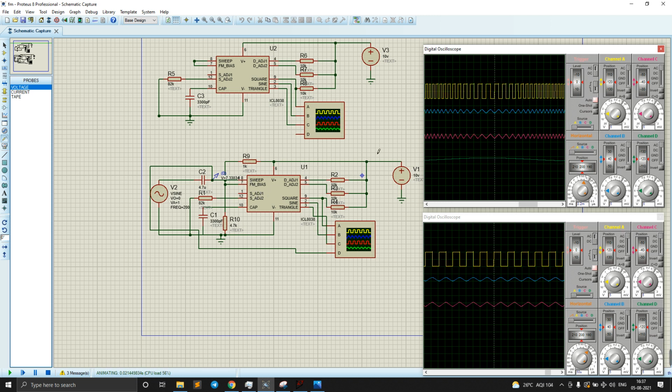So whenever this becomes lower, it generates higher frequencies. So all three waves we can observe. Yeah, that's it. Thank you.